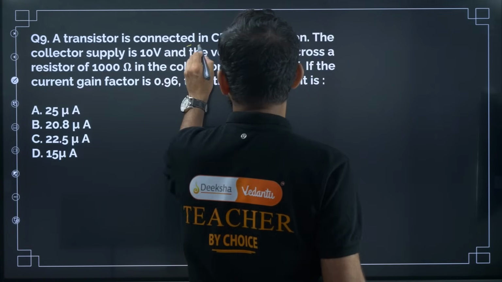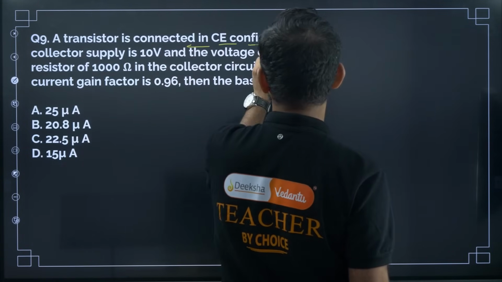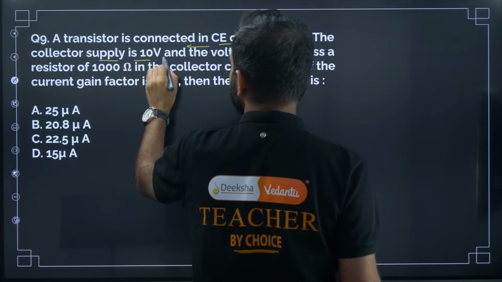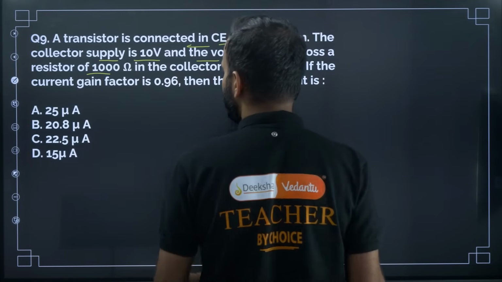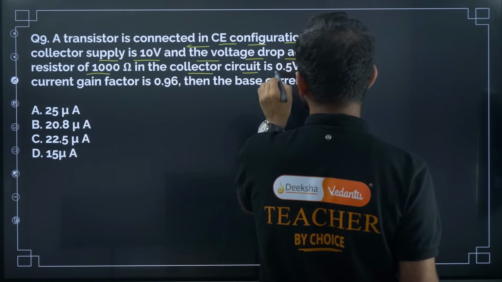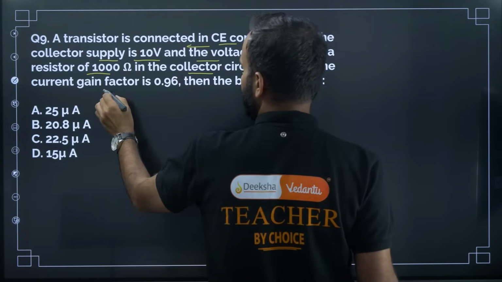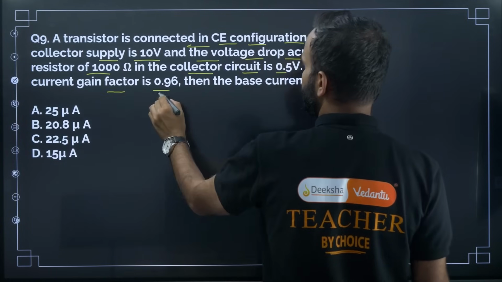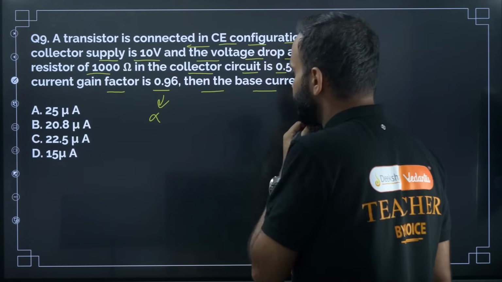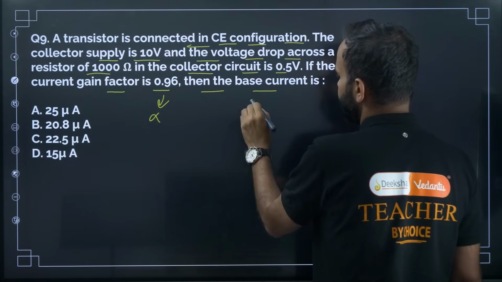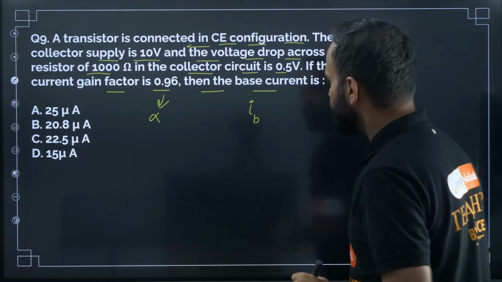A transistor is connected in collector emitter configuration. The collector supply is 10 volt and the voltage drop across the resistor of 1000 ohm in the collector circuit is 0.5 volt. If the current gain factor is 0.96, that is alpha, then the base current is, okay, we need to find base current IB, right?